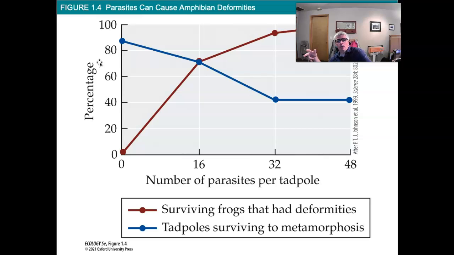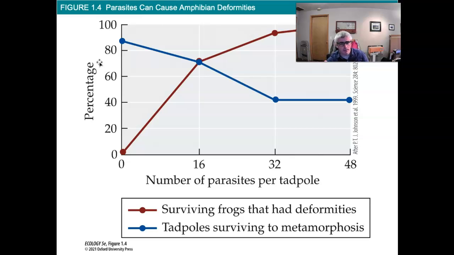And this is why control is important, because if we assumed that in the absence of a parasite, survivorship would be 100%, that's false, right? There's a certain percentage of eggs that don't survive to tadpoles, into metamorphosizing, and metamorphose into a frog. So there's a certain percentage of loss there.